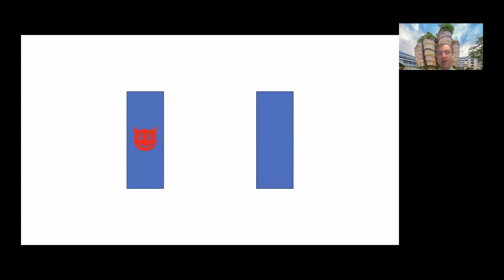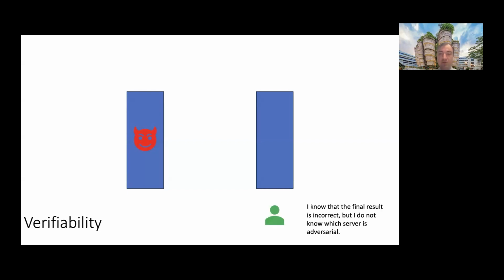Let's consider a simple scenario where we have two servers, one of which is adversarial, and the adversarial server provides incorrect responses to the queries sent to it. The main goal of this server is to persuade us to accept an incorrect value of the file which we want to retrieve. For example, we ask for the price of some stock, and he wants us to get a wrong price for his stock.